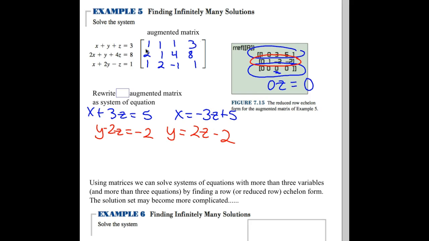And so when I go to write my final answer, my x expression is negative 3z plus 5. My y expression is 2z minus 2. And we're saying that z could be anything, because 0 times anything gets you 0 for this bottom equation.